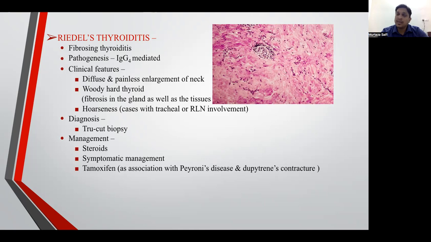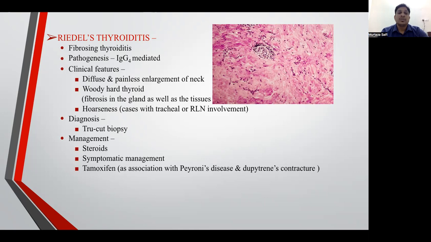So hoarseness is there. Diagnosis is mainly by true-cut biopsy, as there is fibrosis. Yes, FNAC you can do, but the more diagnostic is true-cut biopsy. Then management: steroids should be given, symptomatic management should be given, and then tamoxifen, mainly in association with Peyronie's disease or Dupuytren's contracture.